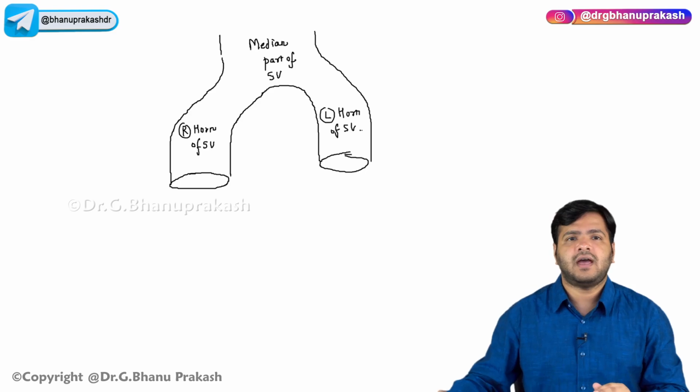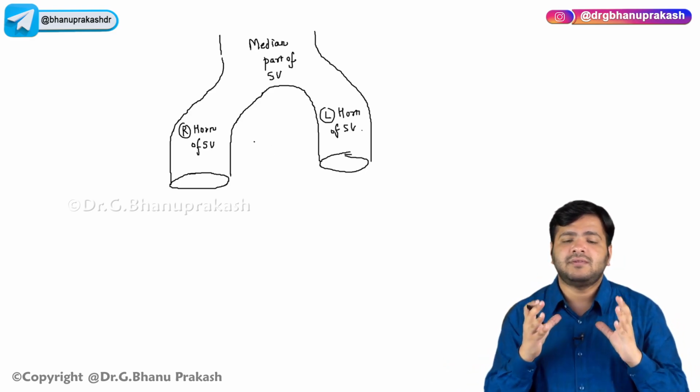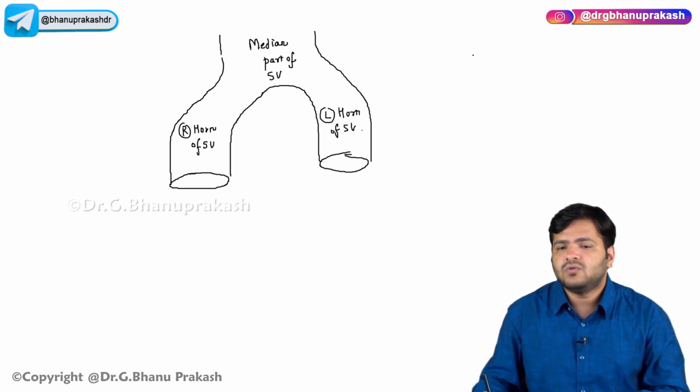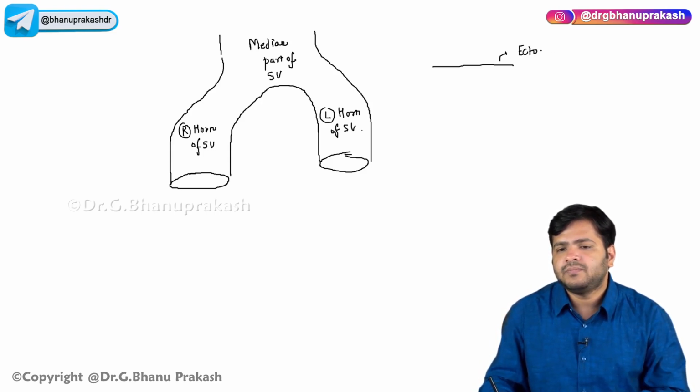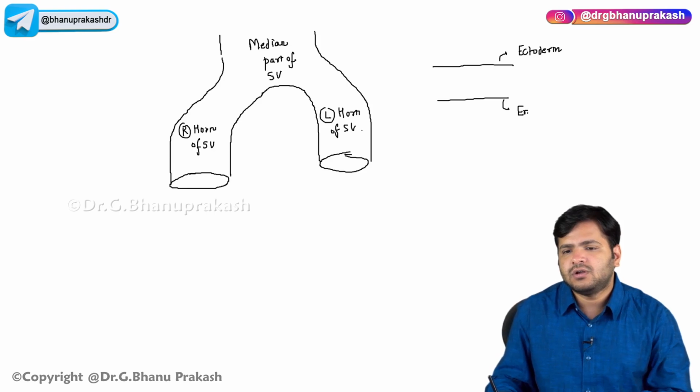Now initially, you already know there is the septum transversum, right? If you know the structure, we have this ectoderm and we have the endoderm over here.